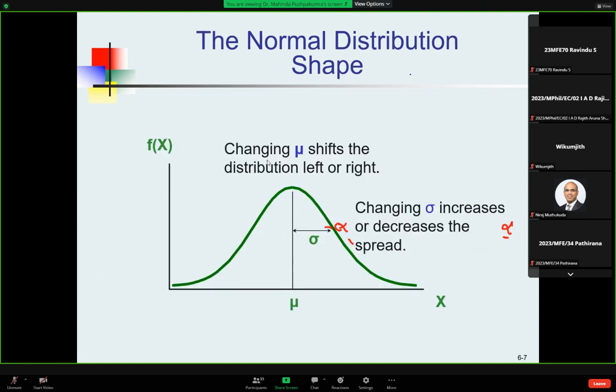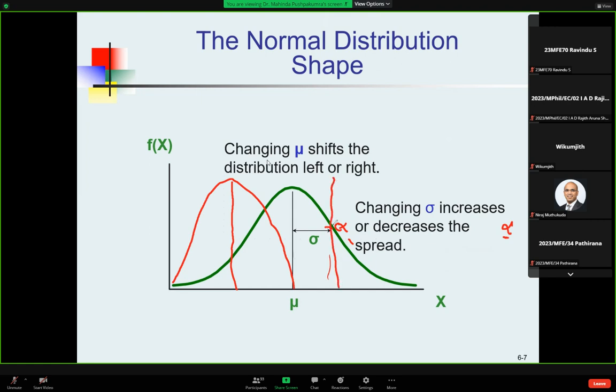Then the normal distribution shape: changing mean shifts the distribution left or right, as I explained earlier. If mean decreases, then the distribution will shift to the left.